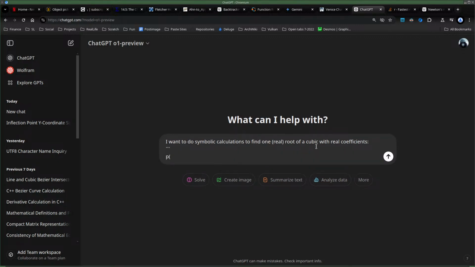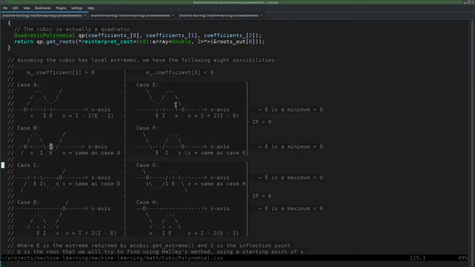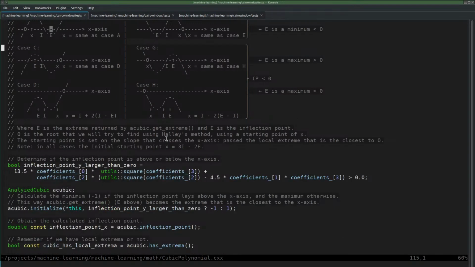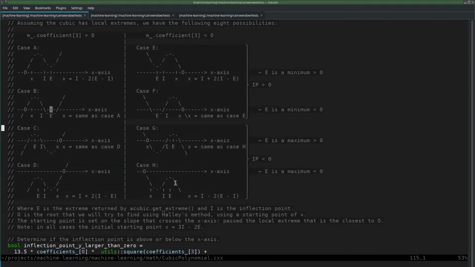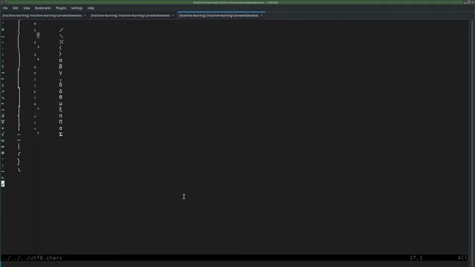P of polynomial. I choose x this time. C0 plus C1 times x plus C2 times x squared. I do prefer the superscript actually.